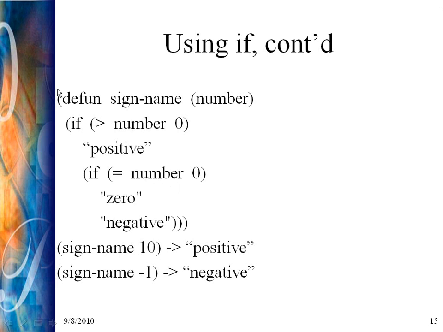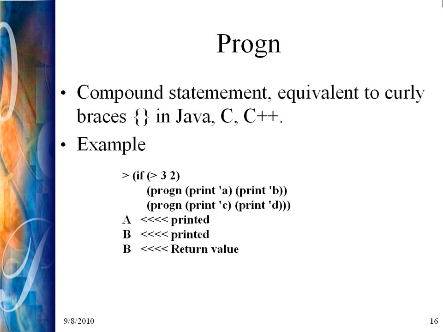So here we have a function that will return the strings positive, 0, or negative as the argument is positive in this case, negative in this case, and we don't have 0 as an example, but if we gave it 0 as a value, it would return the string 0. So here we have 2 nested if statements, and you can nest as many if statements as you like in order to go through a whole range of possibilities.